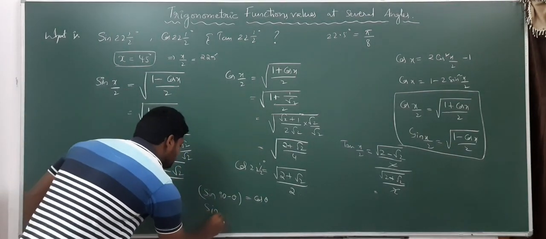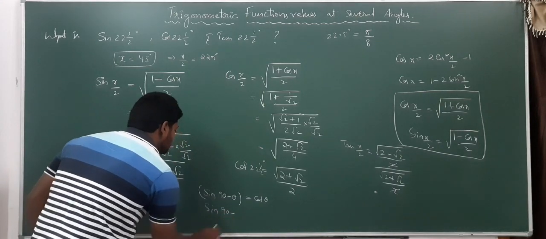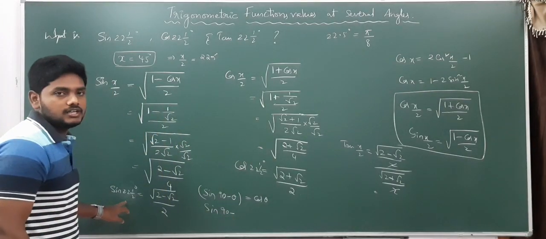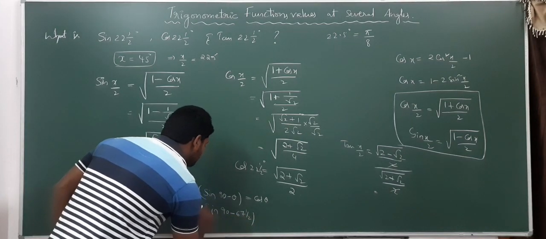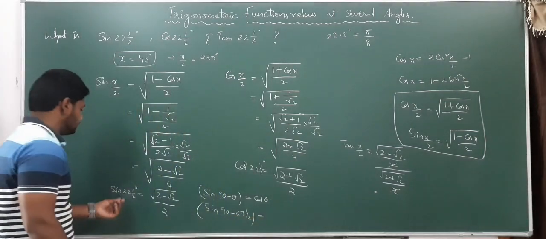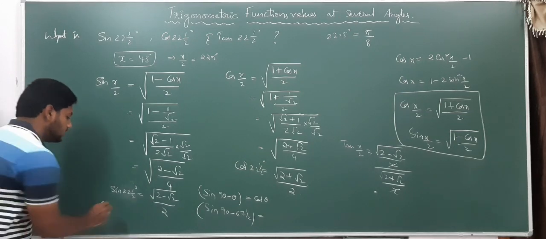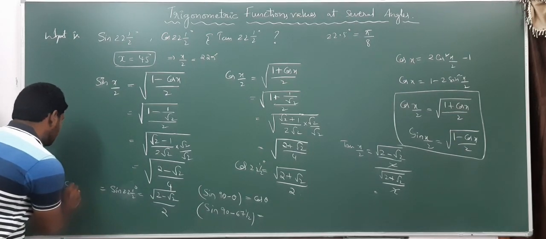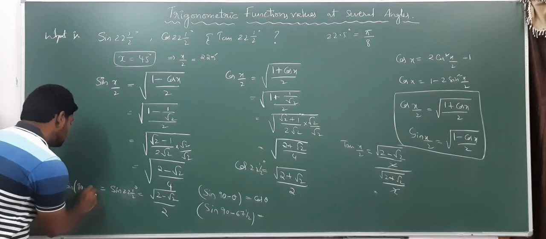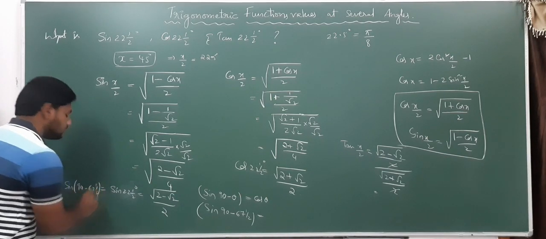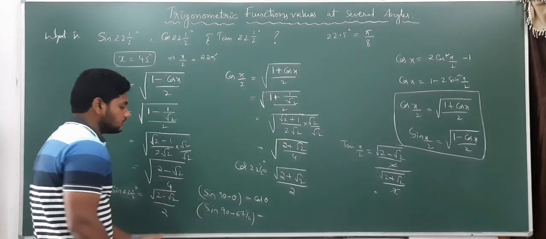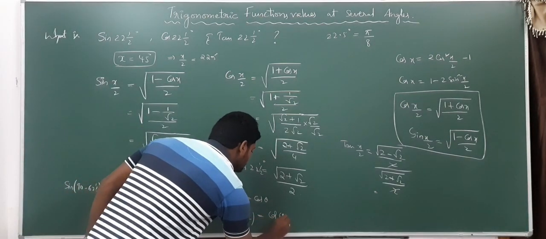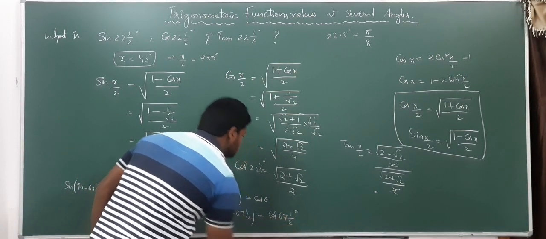See, here sin 22.5 degrees, we can write as sin(90 minus 67.5), right? Actually sin 22.5 degrees we can also write like sin(90 minus 67.5 degrees), right or not? Now sin(90 minus theta) is nothing but cos theta, so which is equal to cos 67.5 degrees.